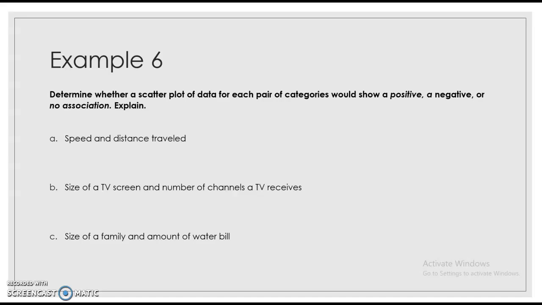The faster I drive, the more distance I travel. And so this would have a positive association. Again, the way I thought about that is the faster I drive, the more distance I cover. So faster, more, we're increasing for both of those.